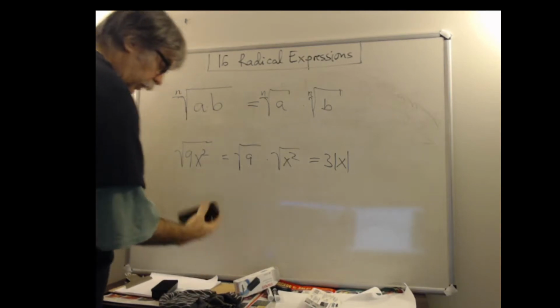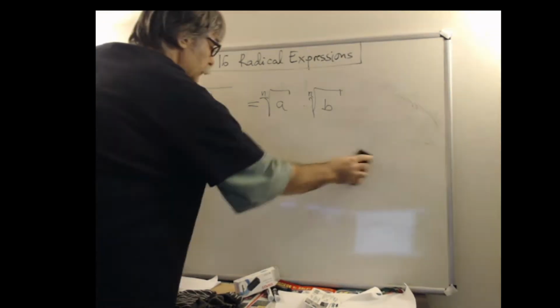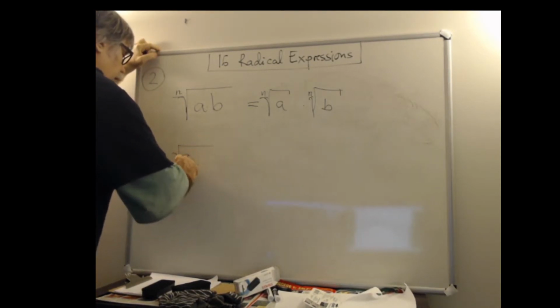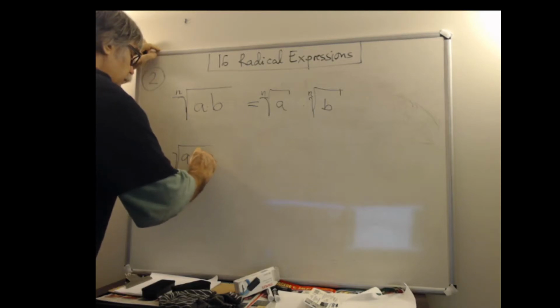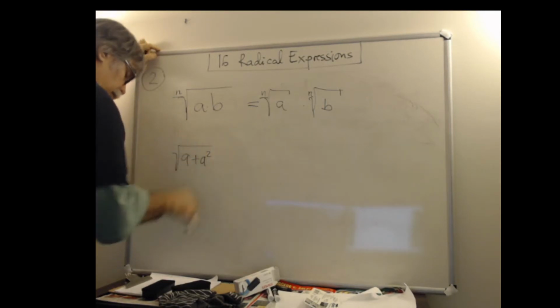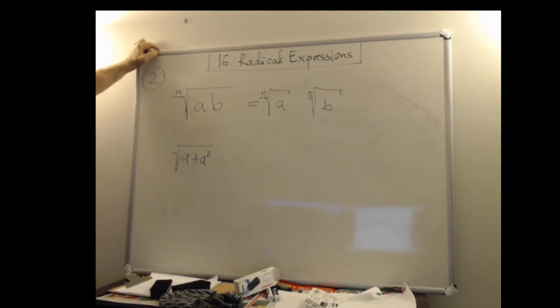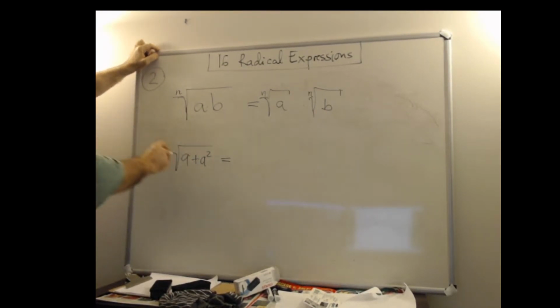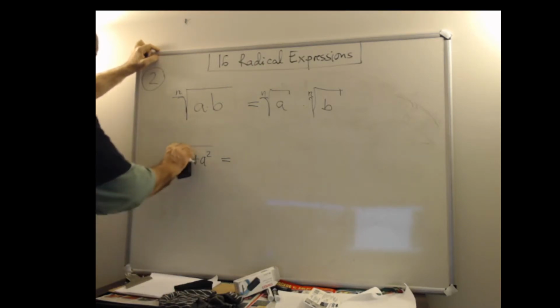Let me show you mistakes people make. This is a mistake lots of my students make. I'm warning you about this because I don't want you to make this kind of mistake. Radical of 9 plus a squared. Let's say a. Could I use x? I don't know, a is fine. So lots of people are going to do, oh okay, square root, square root, 9, and maybe I should write 4 because it looks too similar.